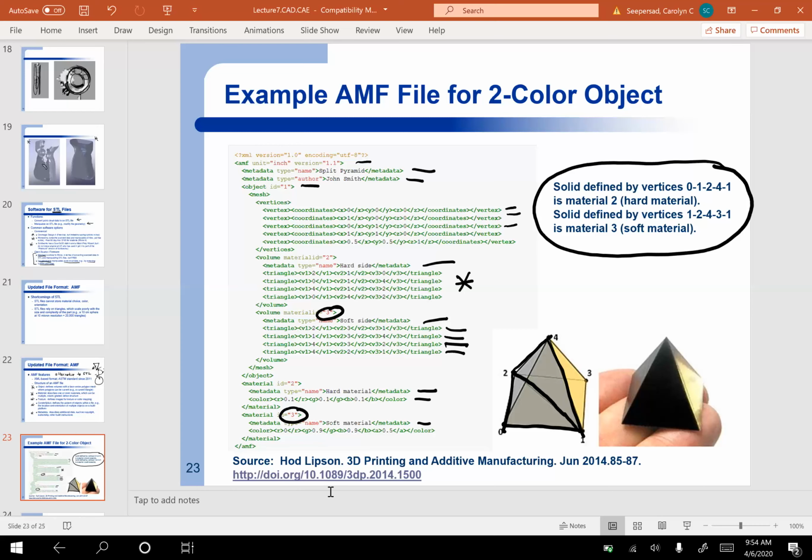So again, pull up whatever CAD software you have access to, generate an STL file for a really simple part, then add a feature to it of some sort, generate another STL file, and kind of play around with that, and take some screenshots, write down a few sentences about what you observed in the STL file, and send it to me, for a little bit of extra credit on your midterm exam.